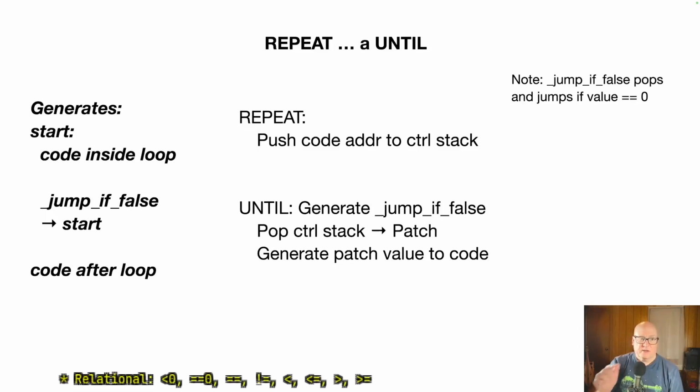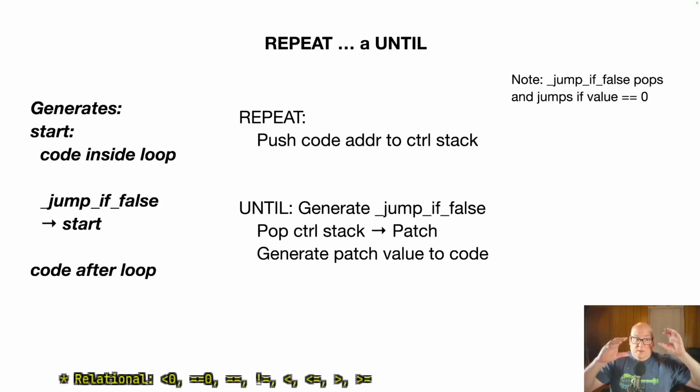Then the code inside the loop is whatever that code is; it generates itself. Then you come to the until, and there should be something on the stack. We're going to do a jump if false back to that start of the loop, and we get that value by popping the control stack. The control stack is only about 10 deep, but that's for nested structures.